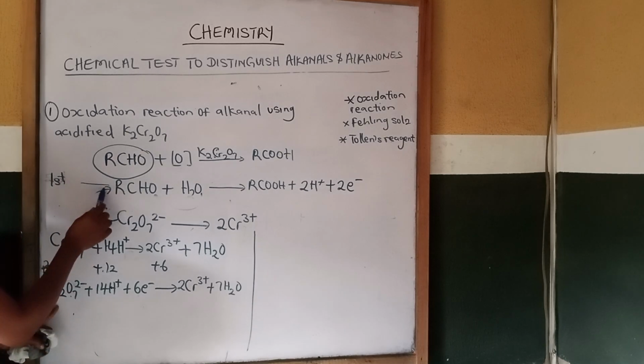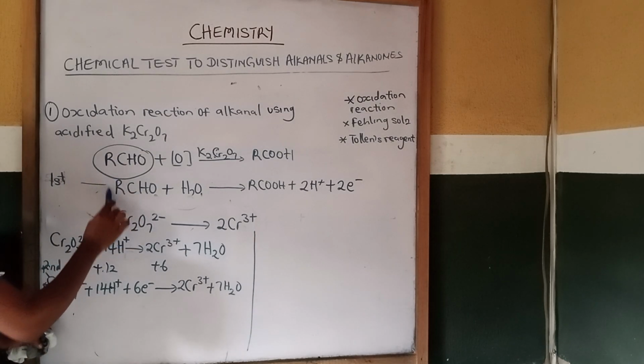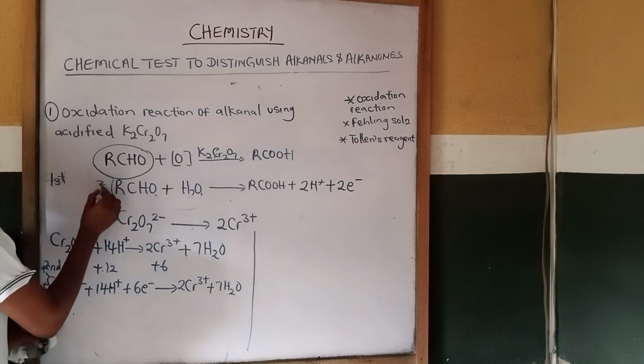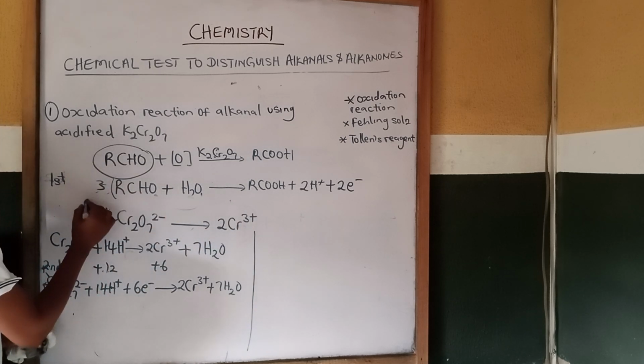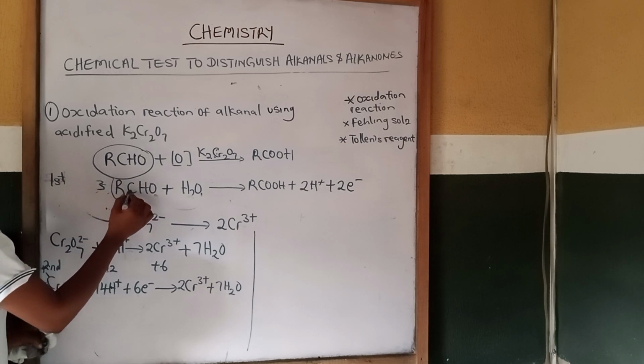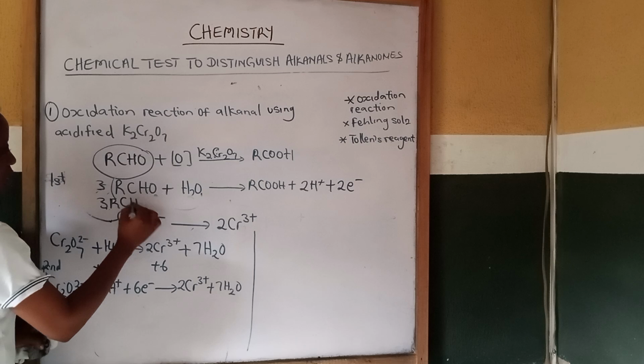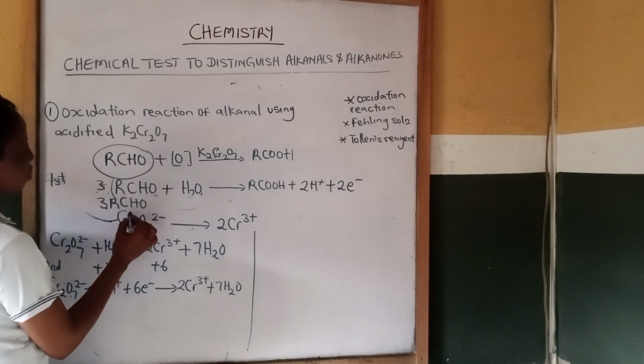So I will multiply the first half reaction by 3 to get 6 electrons. So multiply this side by 3. So my equation will now be 3 times RCHO will give me 3RCHO.